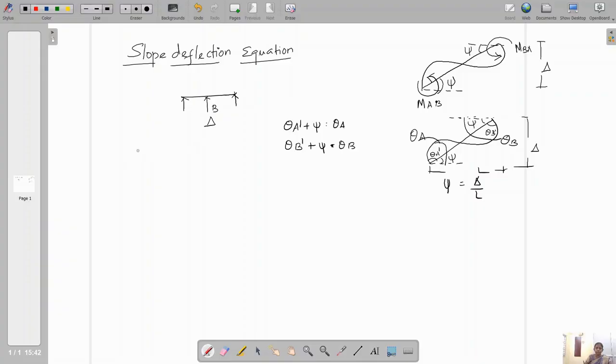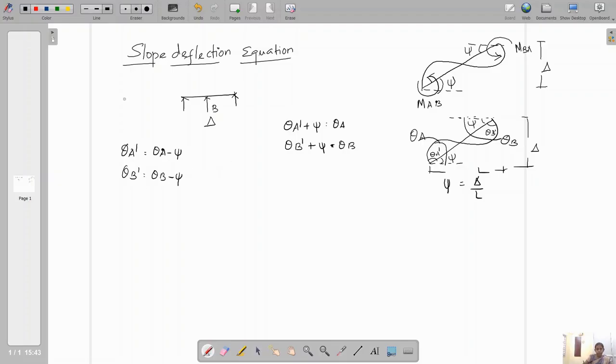Keeping this, I am going to write theta A dash equal to theta A minus psi. Theta B dash equal to theta B minus psi. Theta A means overall rotation at A, theta B overall rotation at B. Theta A dash is the rotation due to the inclination. Theta B dash is the rotation due to the inclination at B. Okay.